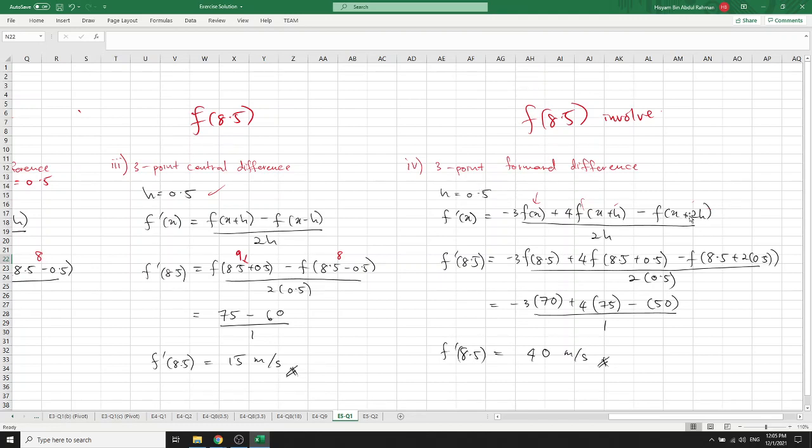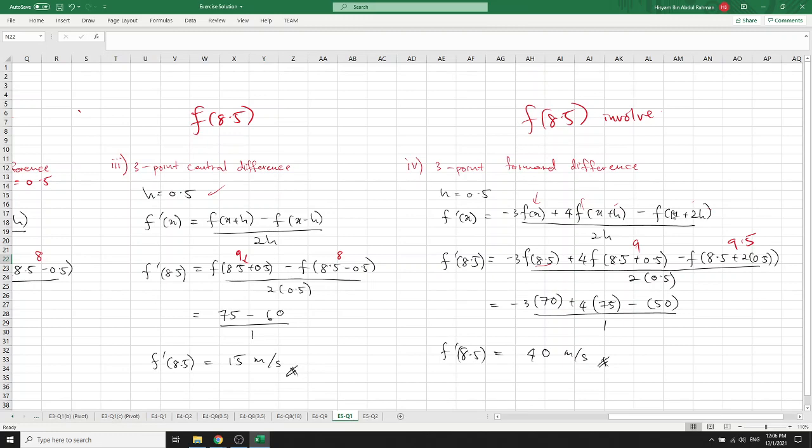is there any data for that? So we try first. For example, this one 8.5, we have it, and then 8.5 plus 0.5 becomes 9, we have it. And then 8.5 plus 2 multiplied with 0.5, the h, becomes 9.5.